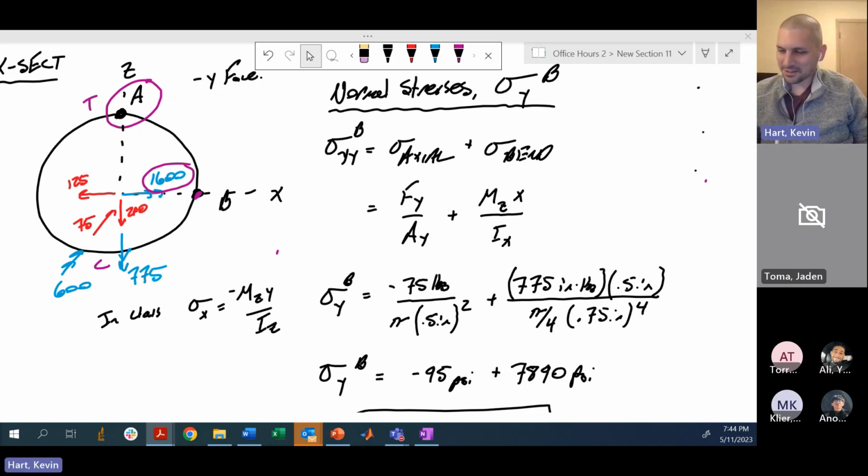Yeah, the double arrow for bending is always a tricky one. I think about it like being fixed into the wall, and how would I have to curl it if I wanted to do the right-hand rule with it? You know what I mean? If we were looking at the positive y face and B was on the left, then the left side will always be in tension.